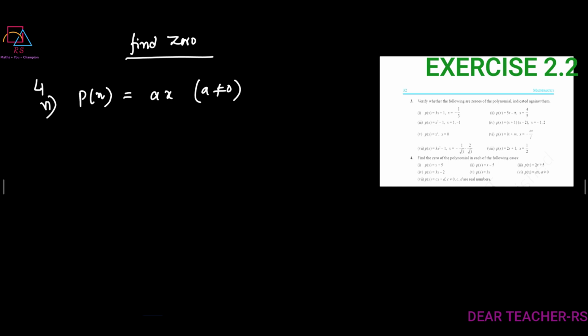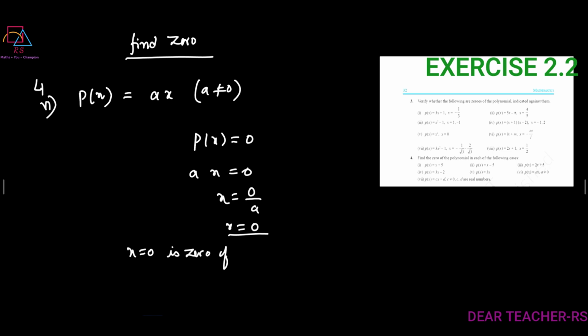Now for this also we have to find out the zero. For that, p(x) is equal to 0, then ax is equal to 0, x is equal to 0 by a, which is equal to 0. So x is equal to 0 is the zero of p(x). That means p(0) is equal to 0.